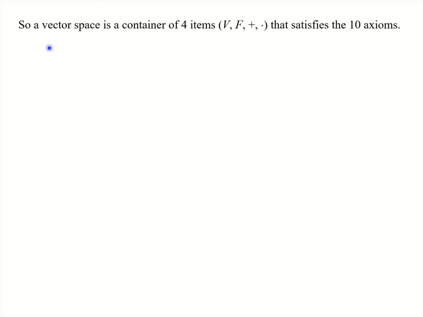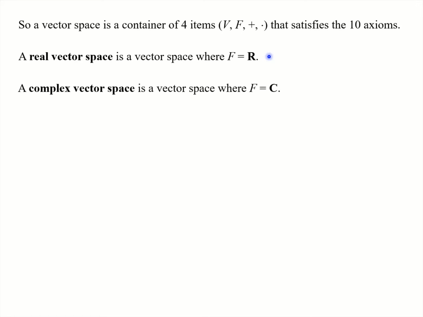Okay, so a vector space is a container of these 4 items that satisfy the 10 axioms. A real vector space is a vector space where your scalars equal the real numbers. A complex vector space is a vector space where your scalars equal complex numbers.